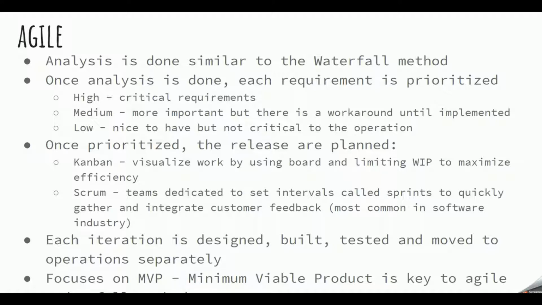And with a waterfall, what ends up happening is that if customers are unhappy or not satisfied with their end product, they've already spent a lot of time and resources and have wasted a lot of resources by the end because they've already exhausted everything.